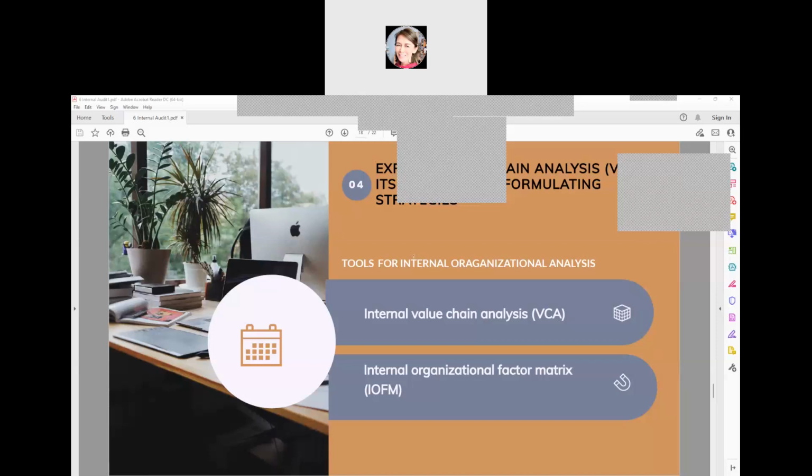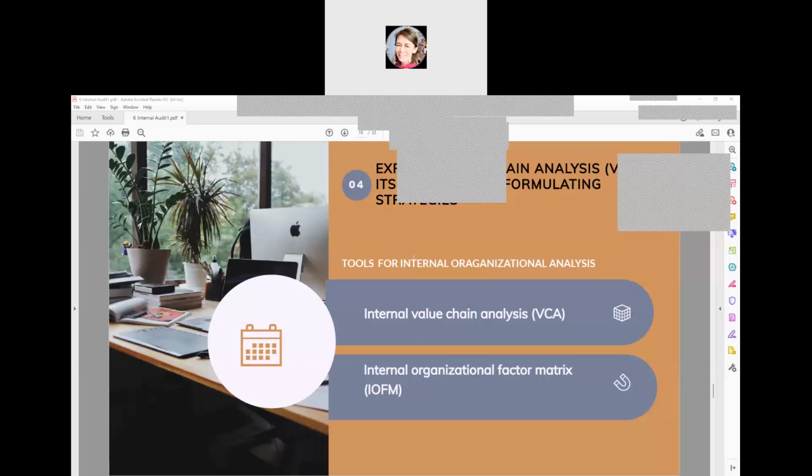So, internal value chain analysis. Like I mentioned earlier, value chain analysis is a strategy tool used to analyze internal firm activities. The goal is to recognize which activities are the most valuable to the firm, and which ones could be improved to provide competitive advantage.